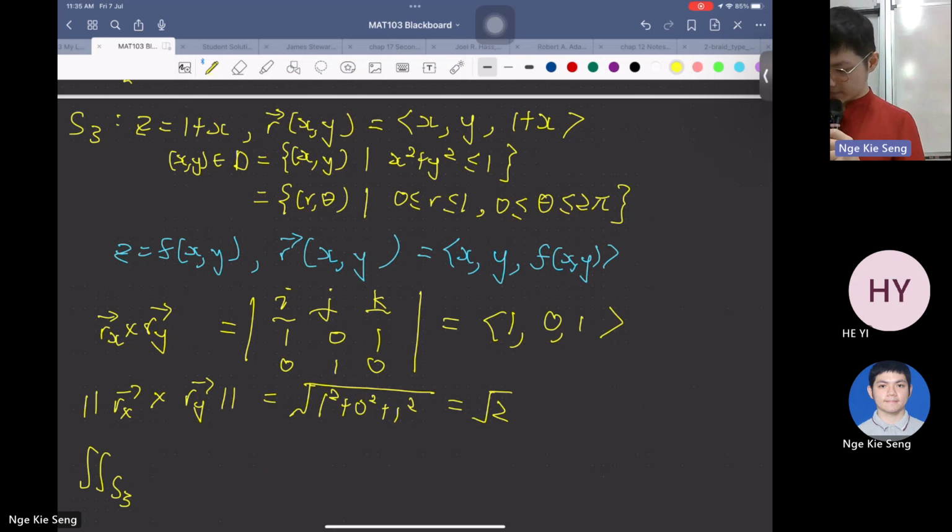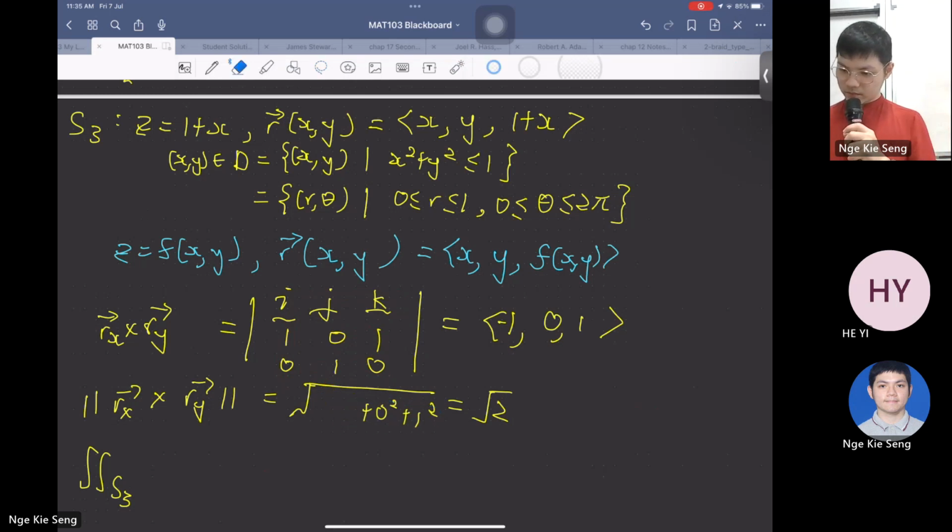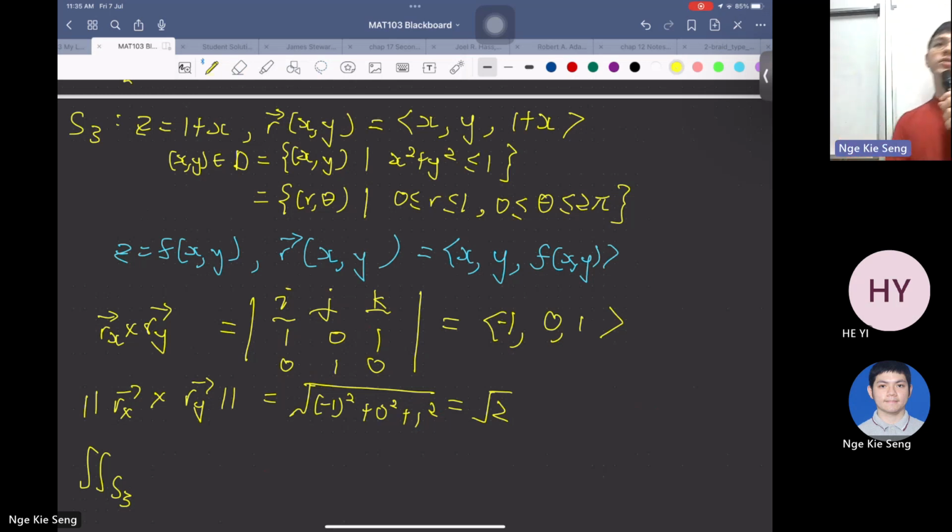Yeah, I think so. If you do the minor here, you get 0 times 0 minus -1 times 1, so you should get a -1. The sign inside your vector won't change the length because you are squaring each coordinate. Good.